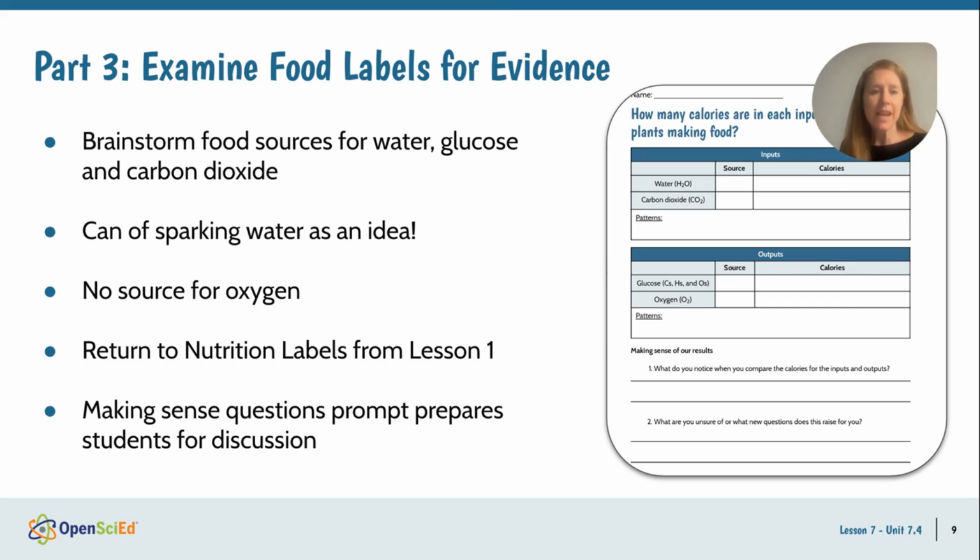I sometimes have a can of sparkling water or seltzer just out as a visual prompt to help the students, like, check this out. And then once we have ideas of sources, we return to the nutrition labels, because within the nutrition labels are food labels for glucose tablets as well as carbonated water, sparkling water. And the students can use these to go back and to see how many calories are in each of these sources. The making sense questions at the end of the document will prepare students for discussions.